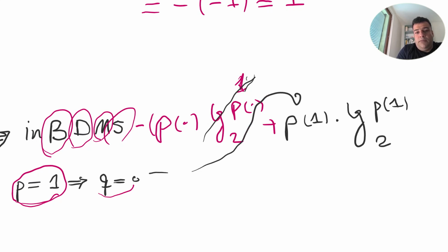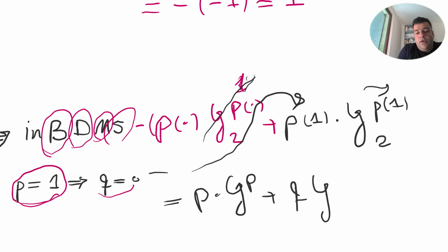But what I mean by p1 is exactly q. If I write it better, maybe it is p times log p plus q log q in base 2. If p is 1, this part cancels, because log of p is 0. And if q is 0, this part cancels, therefore the answer is 0.